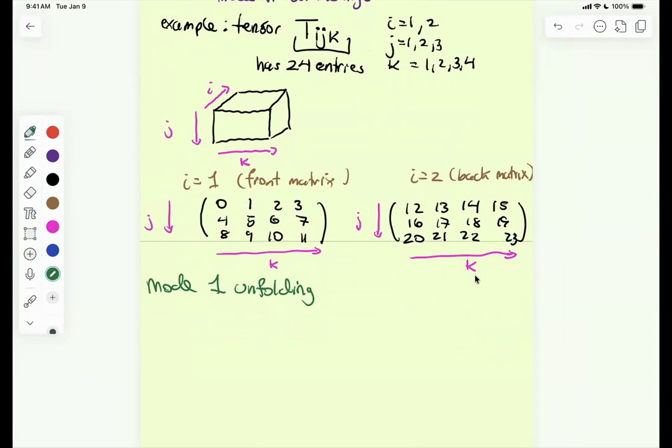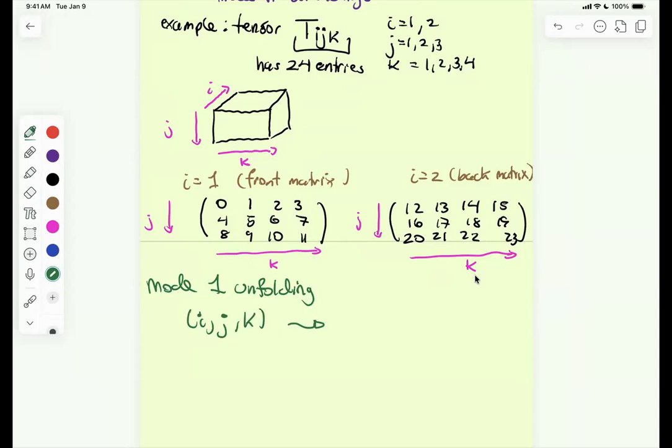Okay, so the idea of the mode 1 unfolding is that if you think of the indices of the tensor as being I, J, and K, right? You got 3 indices. So in the mode 1 unfolding, what you take is the first mode.